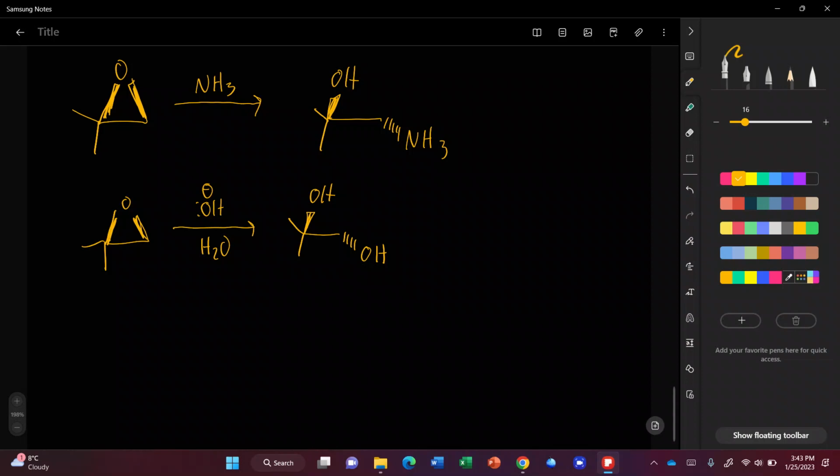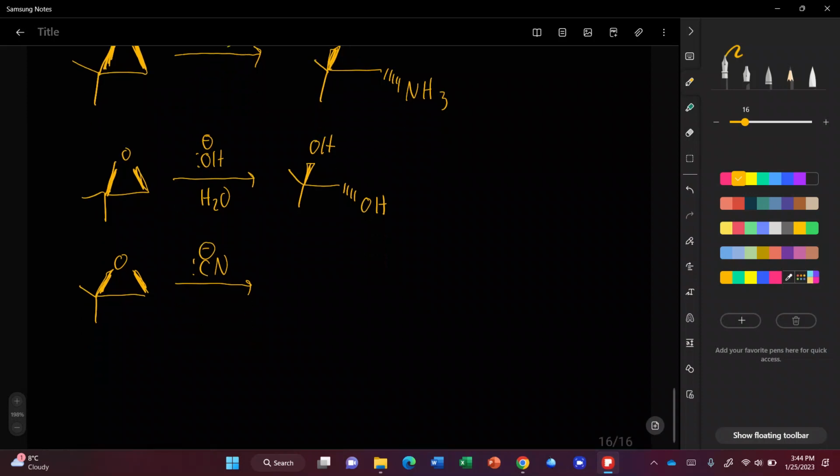So instead of reacting this with sodium hydroxide, you could react this with, if you remember what my favorite nucleophile ever is, sodium cyanide. Sodium cyanide is anionic, so this is going to attack the less substituted part, just like a normal SN2 reaction would.